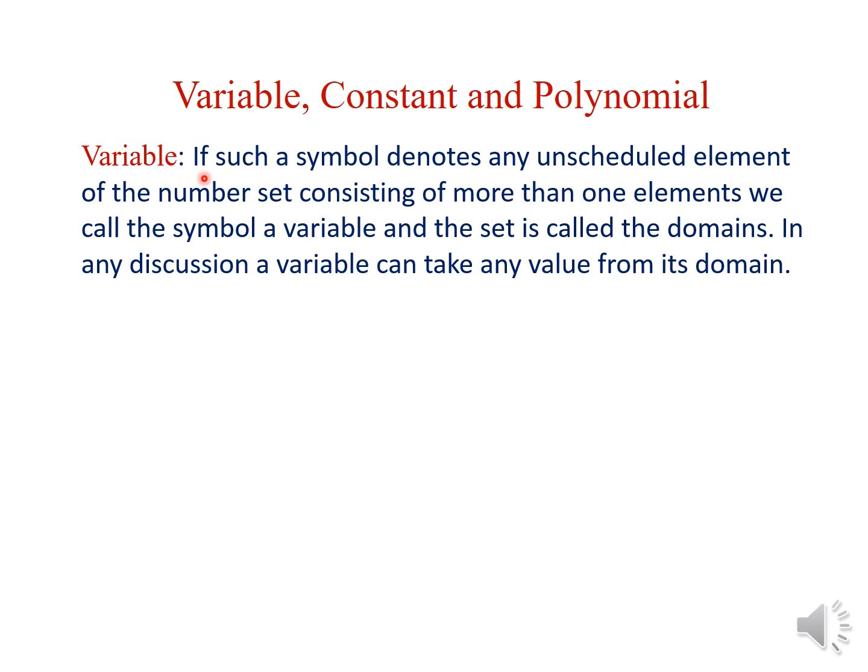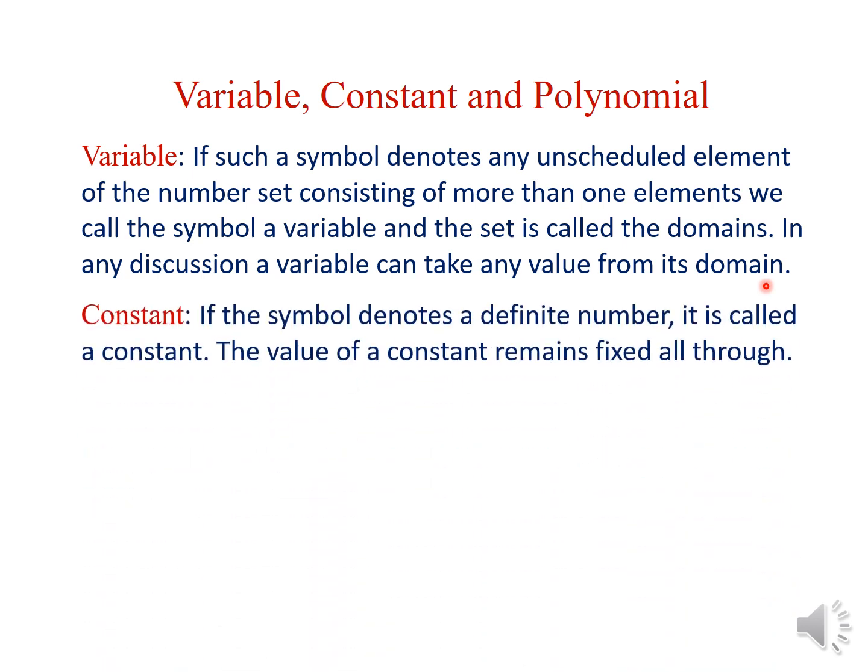That is, if such a symbol denotes any unspecified element of a number set consisting of more than one element, we call the symbol a variable and the set is called the domain. In any discussion, a variable can take any value from its domain.